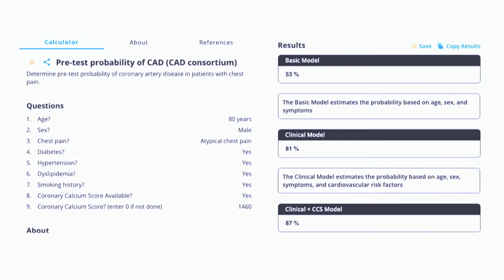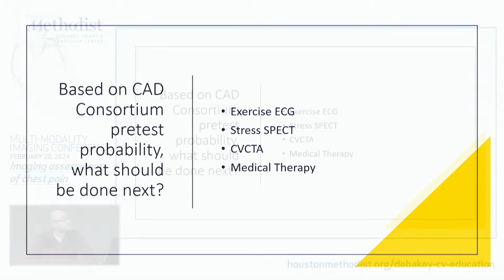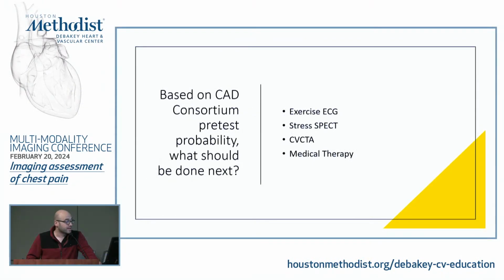And I think practically it's this 15%. If it's less than that, then you don't need to do anything. And this is basically the question: based on this, what do you think, guys, we should do next? Exercise ECG, SPECT.